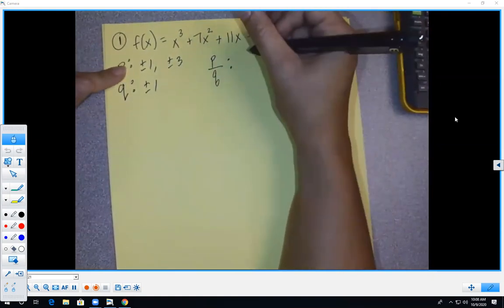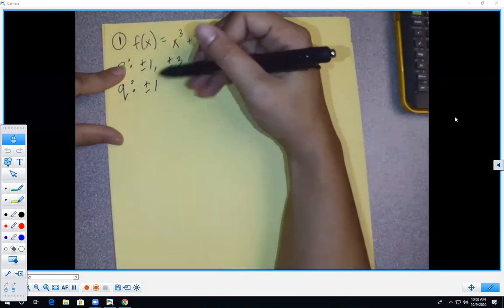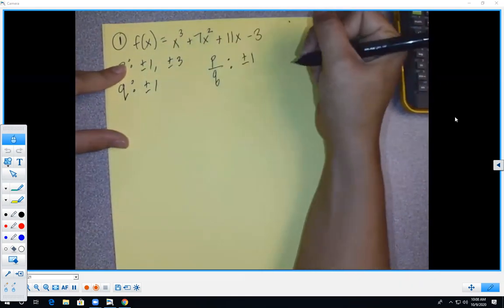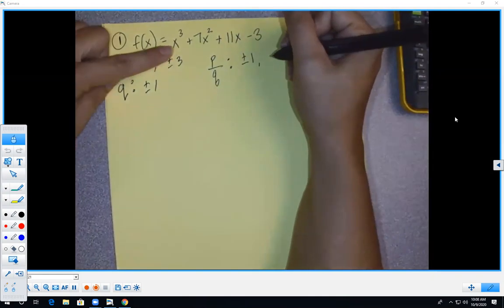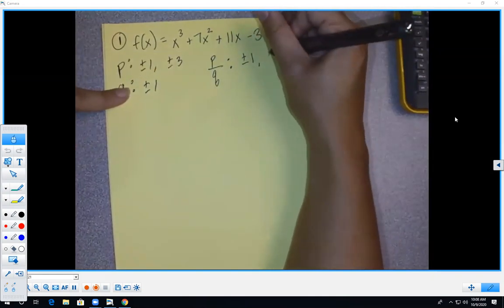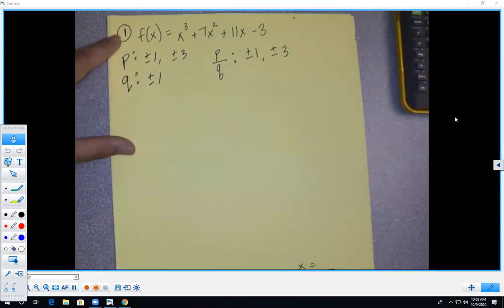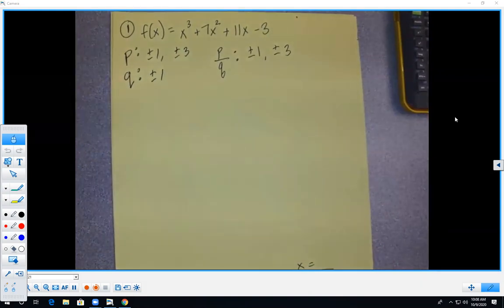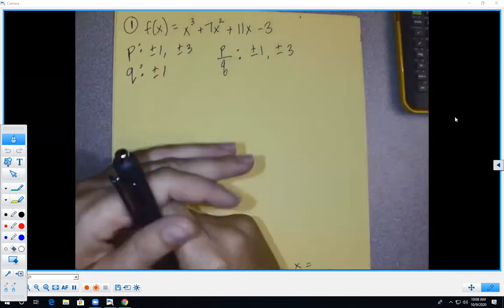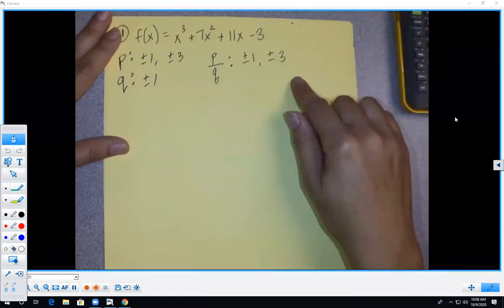So plus 1 divided by 1 is 1, so positive 1 or negative 1. 3 divided by 1 is 3, so it's positive or negative 3. So I narrowed my list of options from infinity down to 4. Either positive 1, negative 1, positive 3, or negative 3.